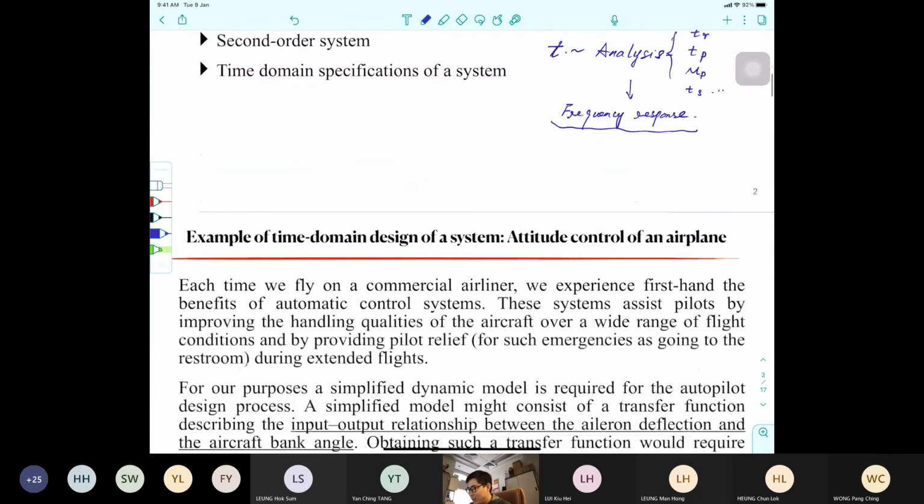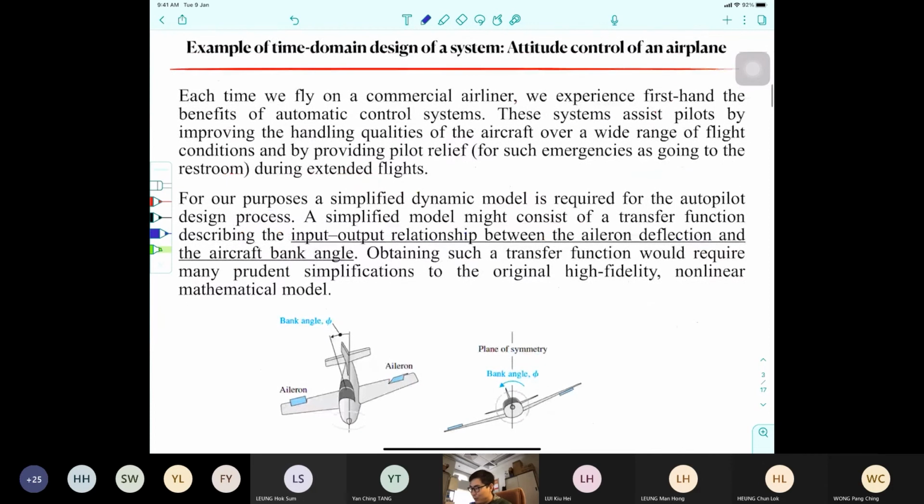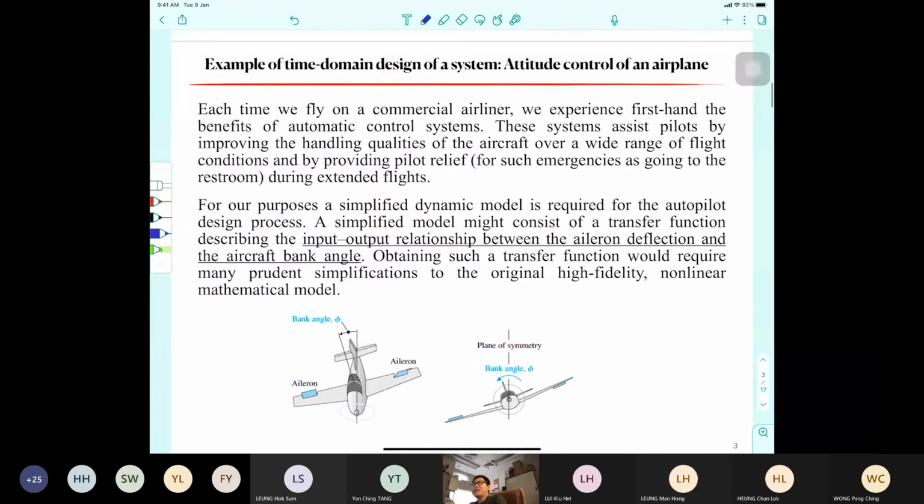So let's use an example to show how we can design a system in time domain. Okay, so we know in an airplane, if an airplane flies in the sky, there are so many essential parameters or essential variables we need to control, right?